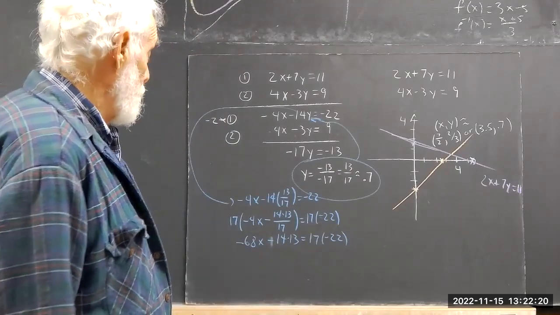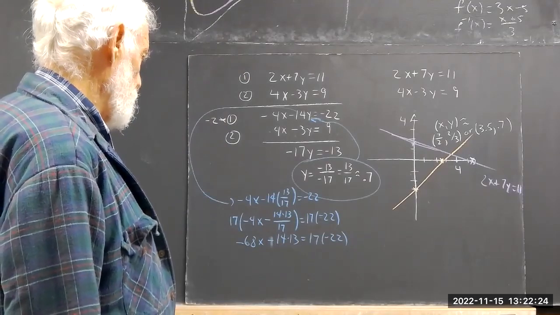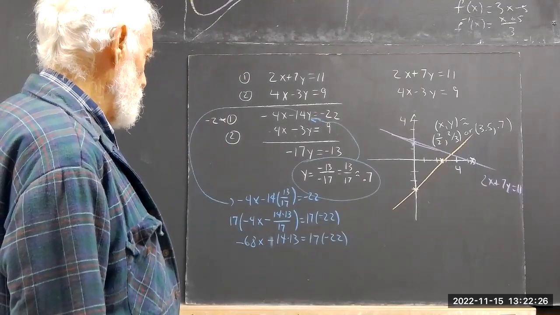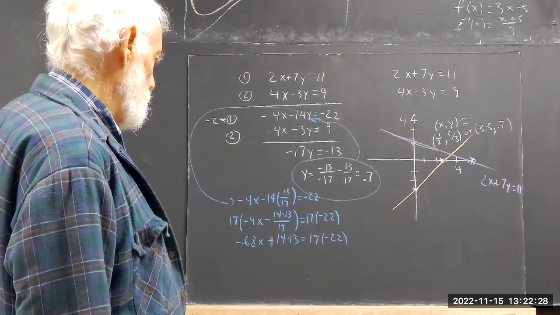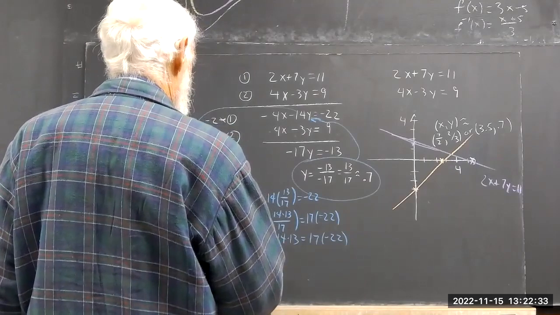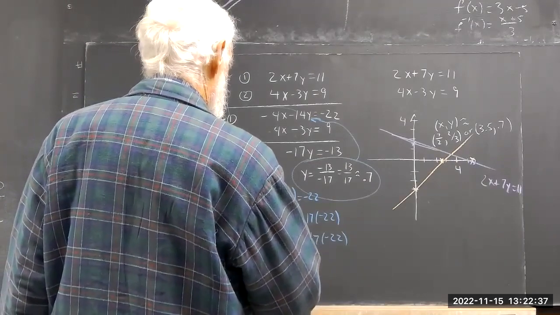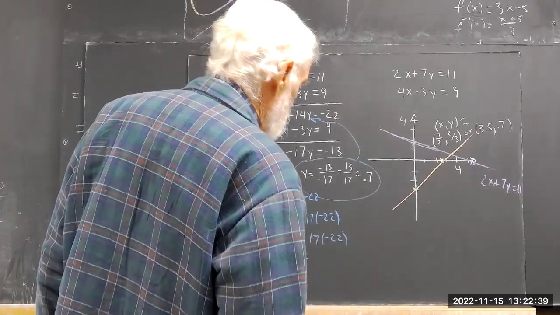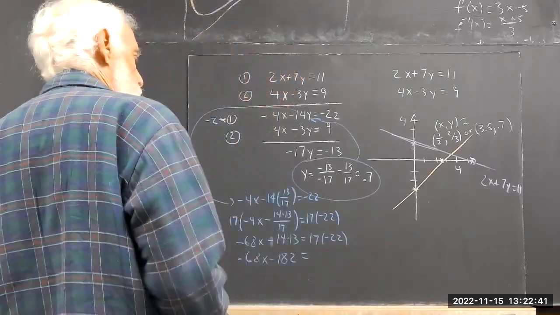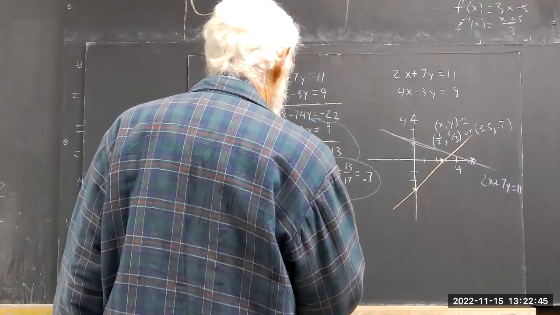14 times 13 is 182. Seventeen times 22 ought to be easy. It's 340 plus 34 is 374 negative.